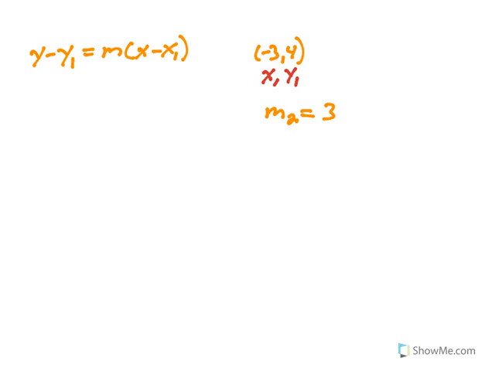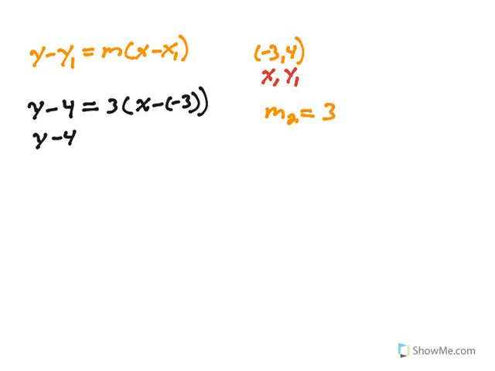And we got that from the previous slide. So now we're going to plug everything in. y1 was 4. Our slope is going to be 3. x1 is going to be -3, so we're going to put a set of parentheses around that. And then continue to simplify.